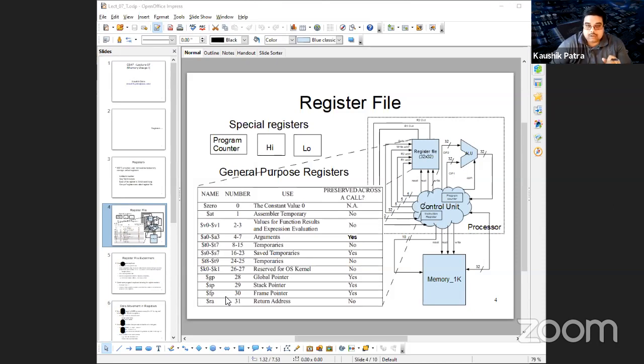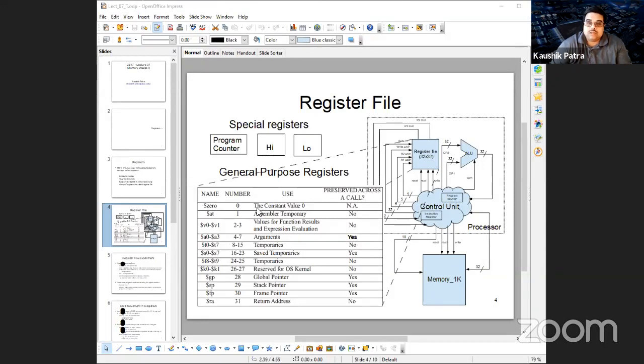Just to be clear, these purposes are really a software convention. When you write a program, you use those registers for specific purposes from a software convention point of view. You can use any register at any point of time for any purpose. At least from the hardware perspective, there is no restriction except for $0.